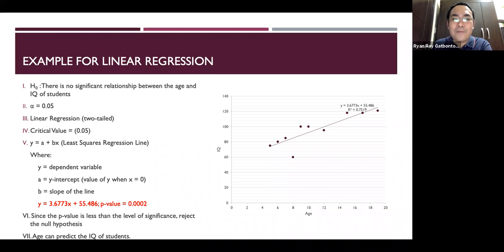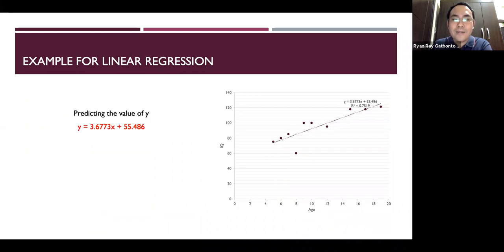If it really can predict the IQ of your students, how do we know the value of y if we are given a certain age? Let's say, for example, we want to know the IQ if we are given an age of 50.